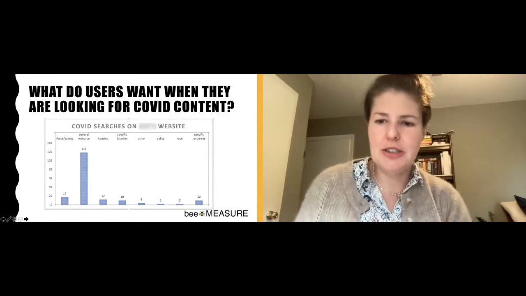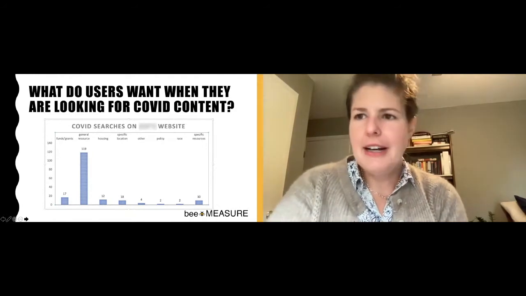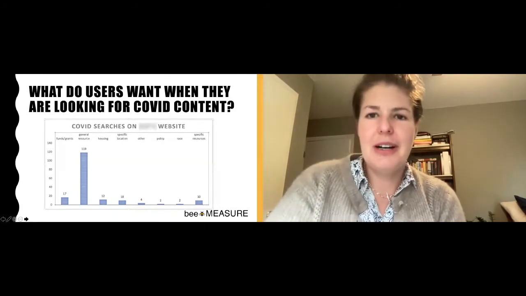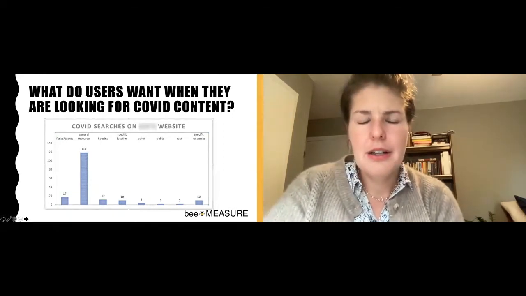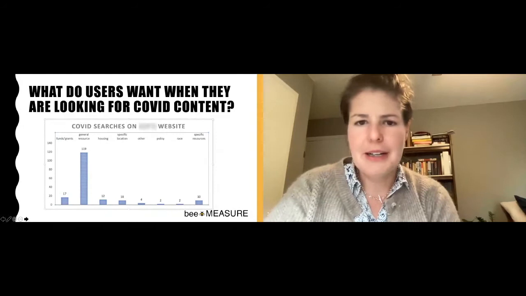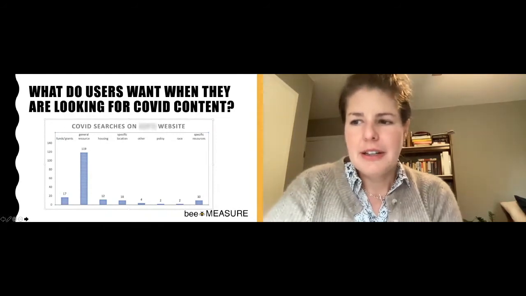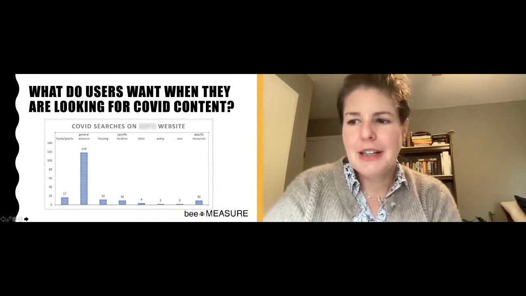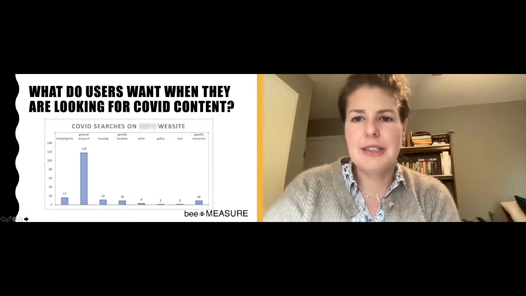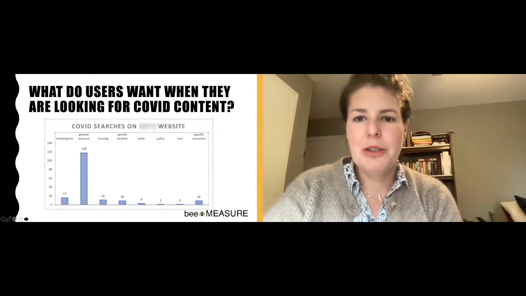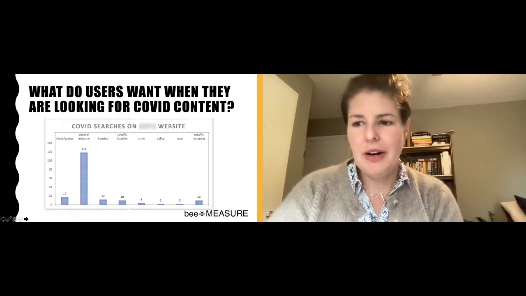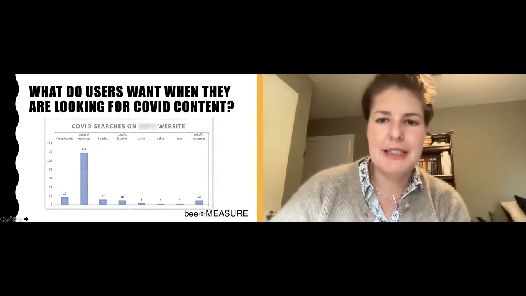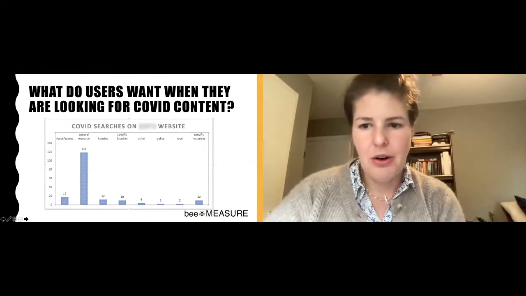So a couple of ideas from analysis that I've done for other clients. This was back around this time last year. One of my clients said, we know that our COVID content is getting a lot of use, and we're curious, is there something that people are looking for that we're not really covering? So I looked at all the search terms from the previous 6 months and what they were about in general.